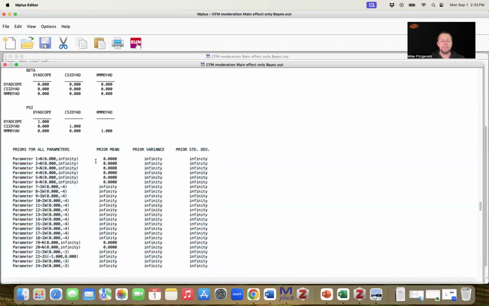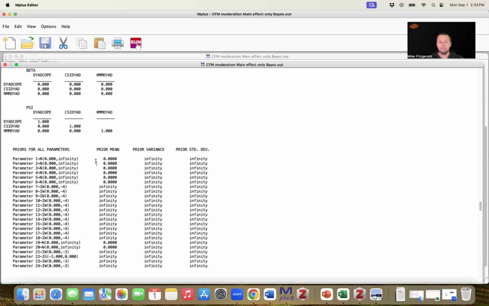All right. And so, what's the benefit? Why would we use Bayesian if we're going to use uninformative priors? Well, one of the things that makes Bayesian estimation more attractive when you're getting into more complex models is that it's more computationally efficient than maximum likelihood.